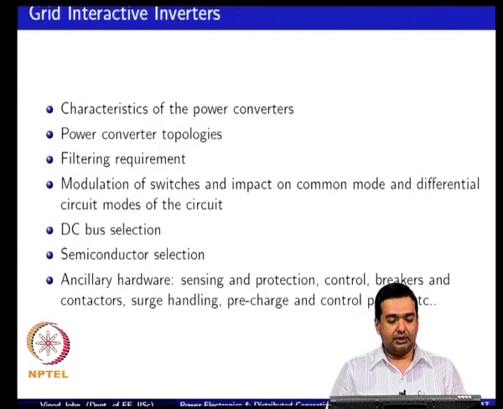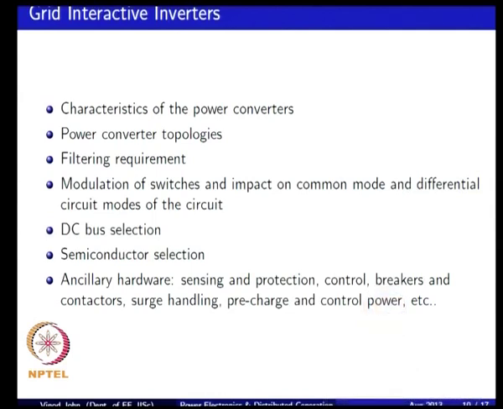You have breakers and contactors that need to operate when you are running the power converter. You need to handle surges, so you might have some surge protectors. You need to recharge your power circuit components, and you also need to provide control power to the circuit boards within your power converter. So, all these ancillary components are important for proper operation of the power converter.